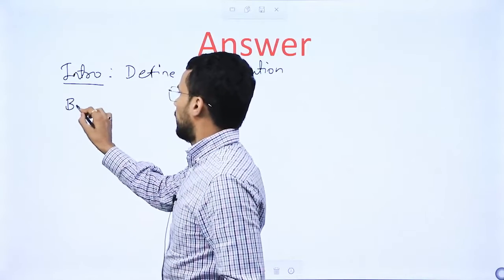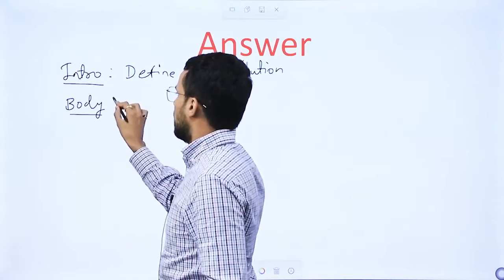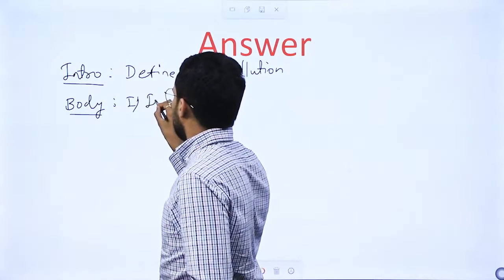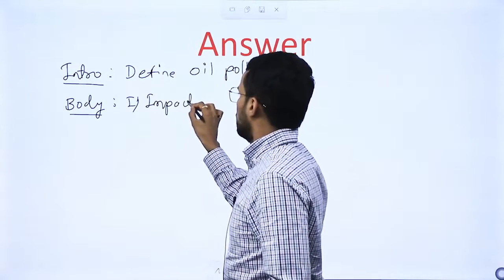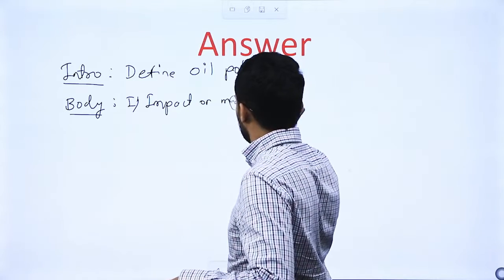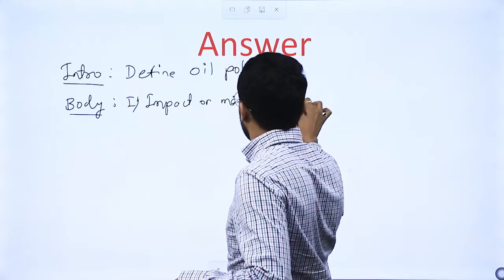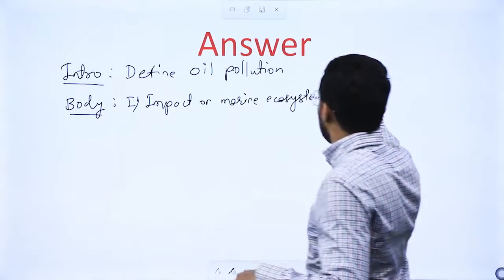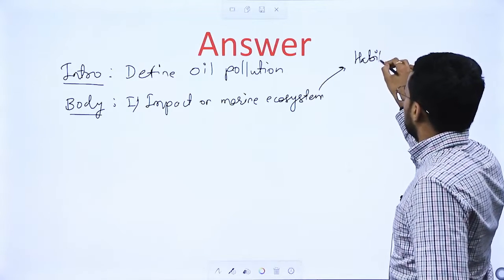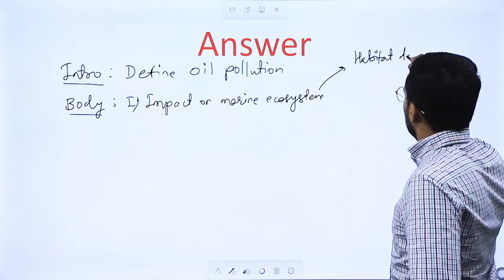Then in the body part, we are supposed to discuss firstly the impact on marine ecosystem. So the major impact is habitat destruction. Right?